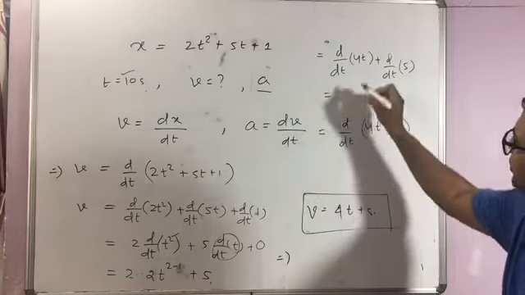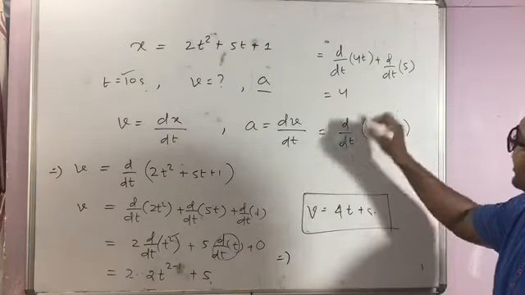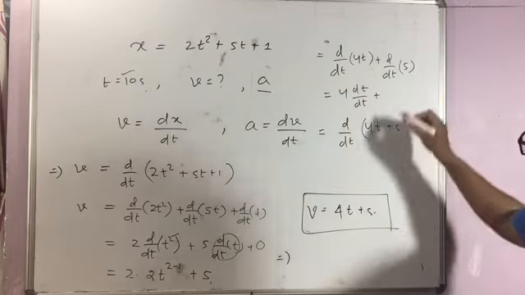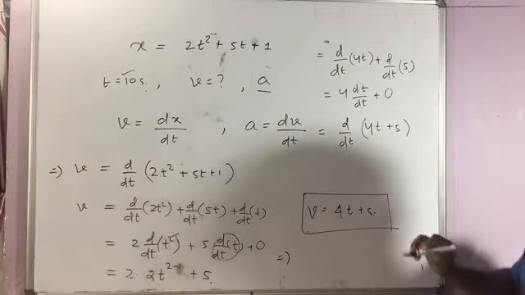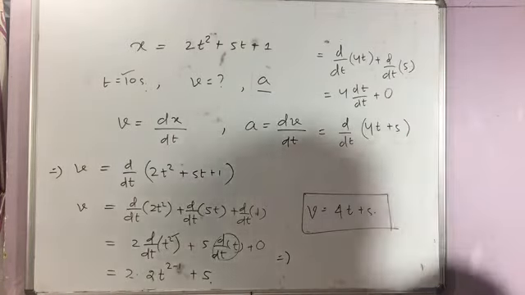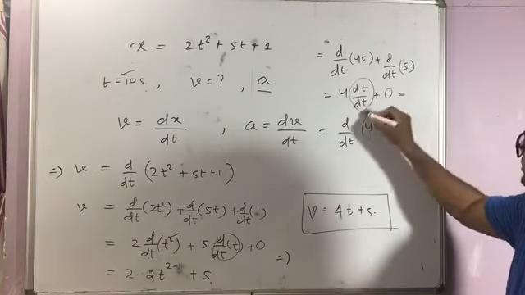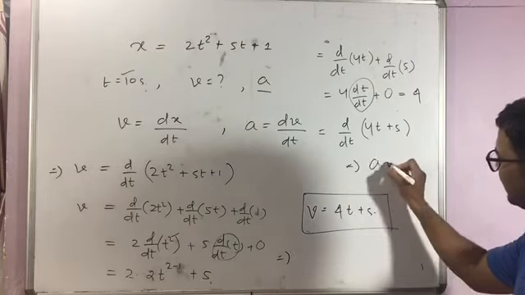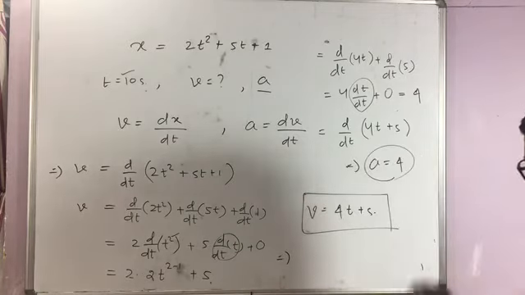You can take the 4 outside, dt by dt, plus the derivative of 5, which is again a constant, so it is 0. So dt by dt is 1, which is equal to 4, which implies a is simply 4.